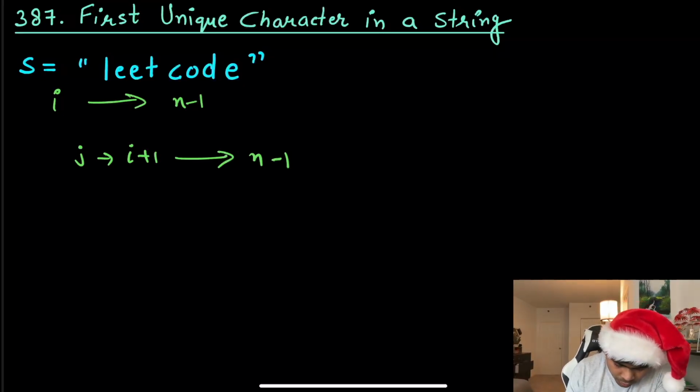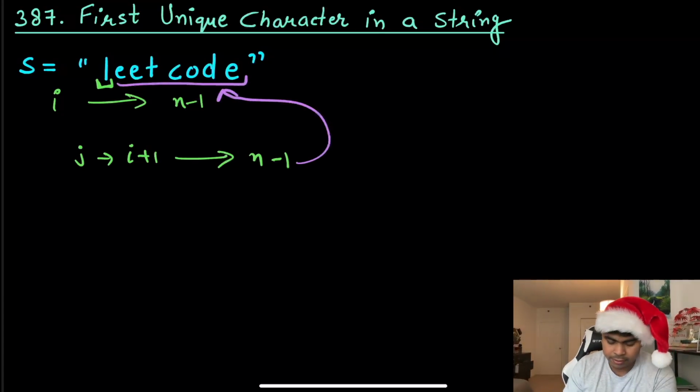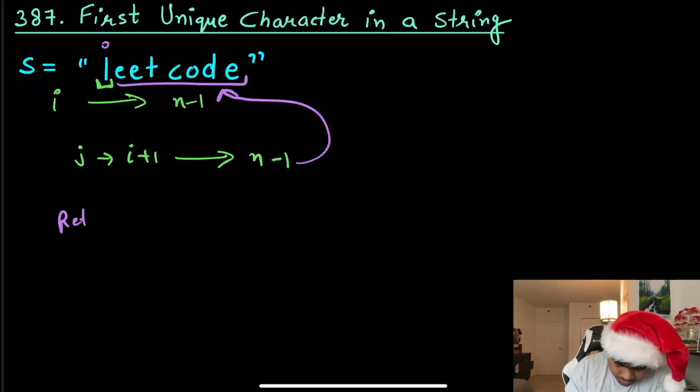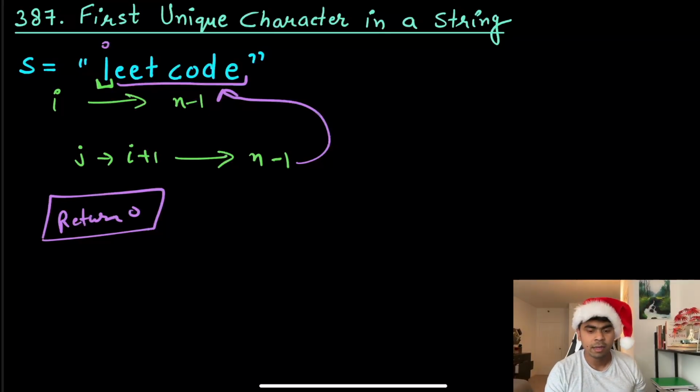We pick the character at the ith index. In this case it's L, and for j we check in the remaining string: is L repeated? You can see that L is not repeated again, so that is my answer, and I will return 0, because that is the index of my first non-repeating character.